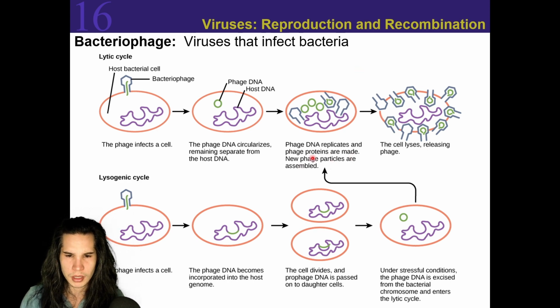So the phage DNA replicates and phage proteins are made, new phage particles are assembled. And so you're making more viruses and then you're sending them outside of the cell.